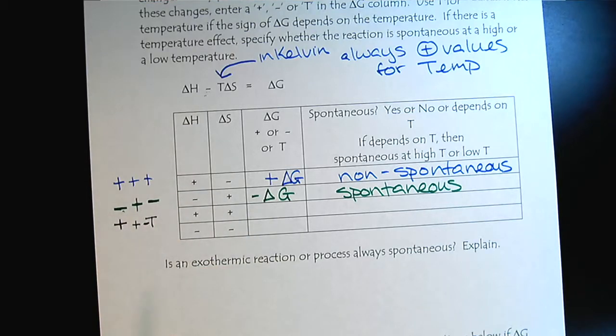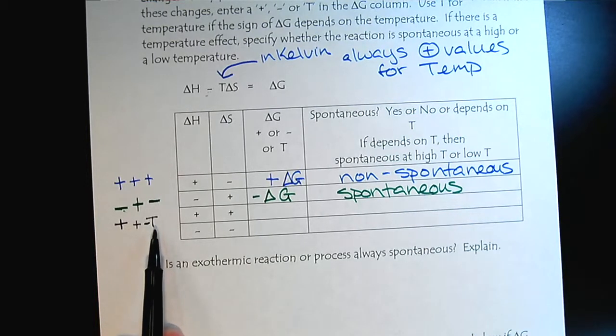Okay, so just with magnitude, we see that we're going to have a positive value added to a negative value that's going to depend on temperature. So if we have a positive and a negative term, we don't know who's going to win because it depends on the temperature.